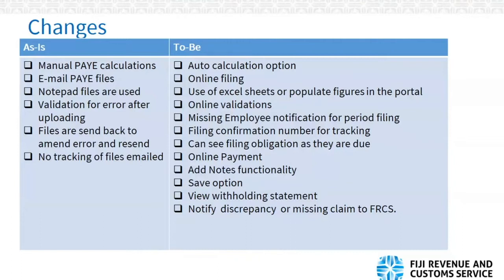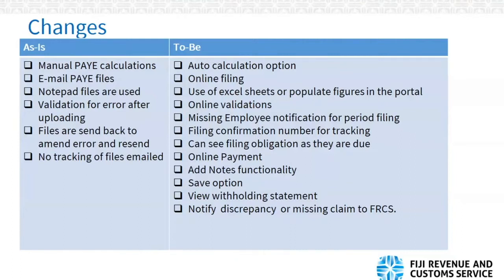Another change is the validations. In the as-is, there are no validations. So if I enter a wrong TIN and submit an EMS return, you will be able to submit it. Only after we process that application will we know that there is an error in the TIN.